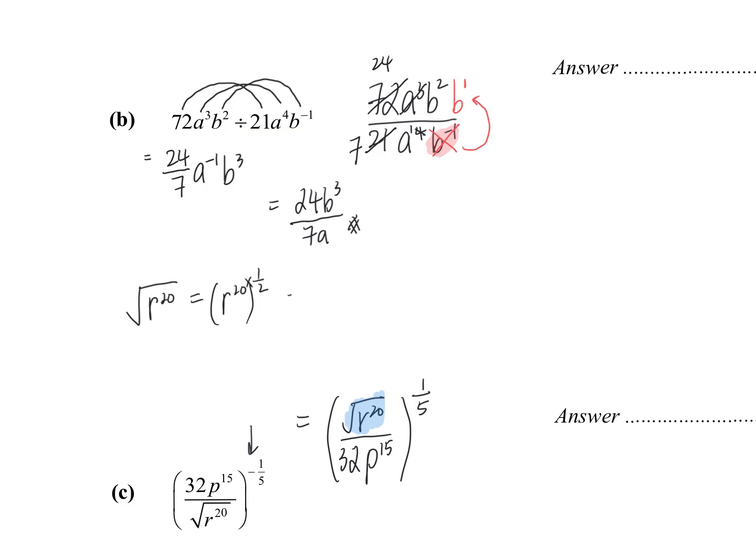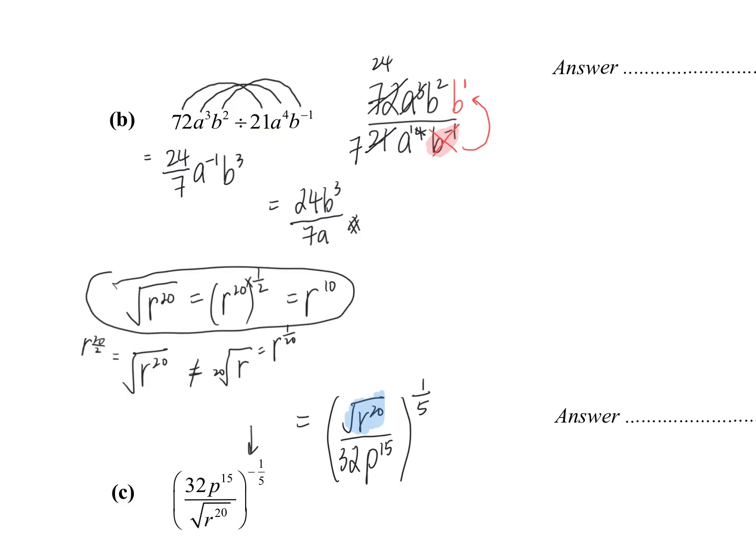When you multiply it, it's R10. Square root R20 is not the same as 20th root of R. This one is R to the power of 1 over 20. This is R to the power of 20 divided by 2. It's different. So don't anyhow. This one is the correct one.